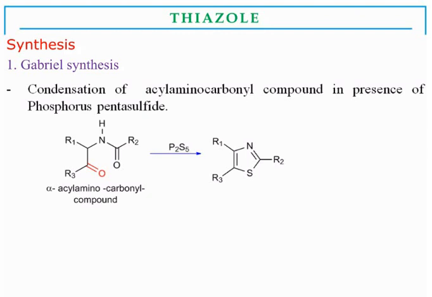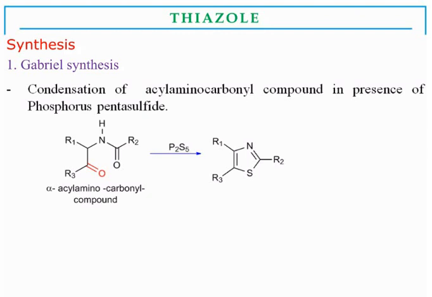Now move to the synthesis. You can see the first method of synthesis, Gabriel synthesis. Gabriel synthesis is the condensation of an acyl aminocarbonyl compound in the presence of phosphorus pentasulfide.